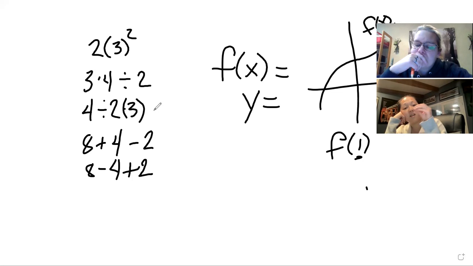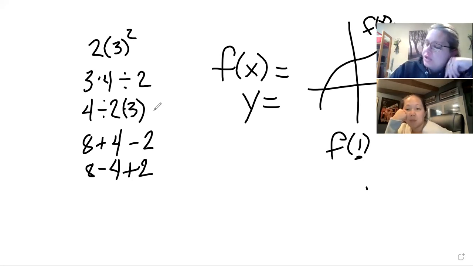And then give them the equation and say, how do you think we could find f of 1 if you know the equation? The equation is the graph. Right, so do a couple of review on the graph.